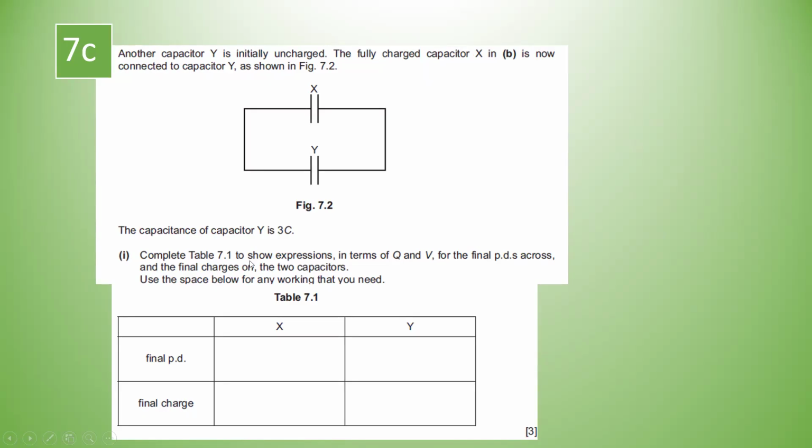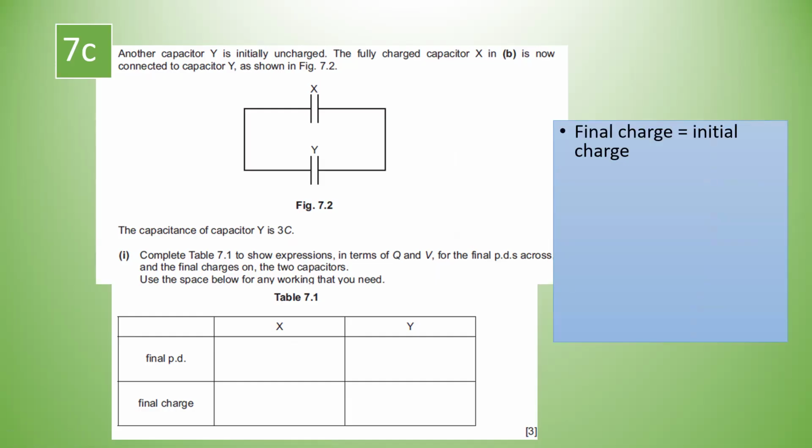Complete table 7.1 showing the expression in terms of Q and V for the final PD across the capacitors and the final charge on the two capacitors. Use the space below for your working. Okay, that's a table you're supposed to fill out, and now we're interested in your working.